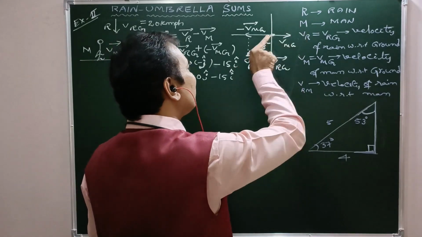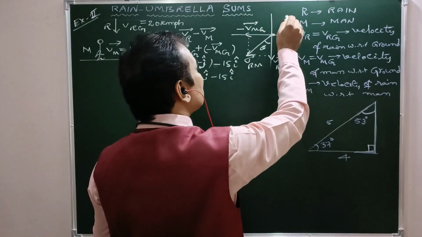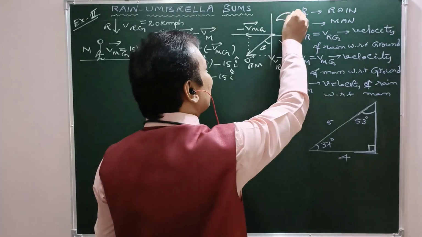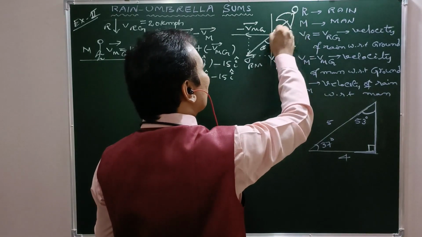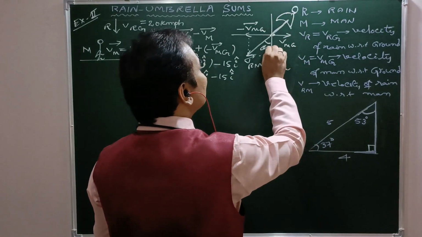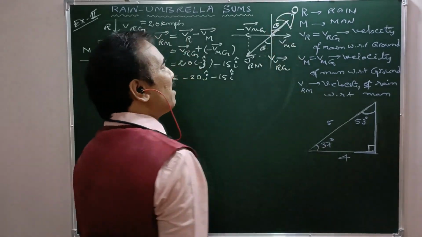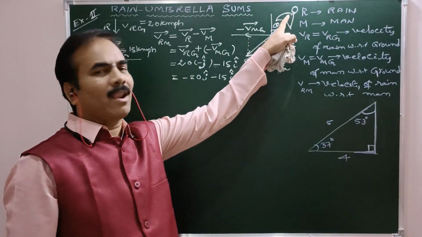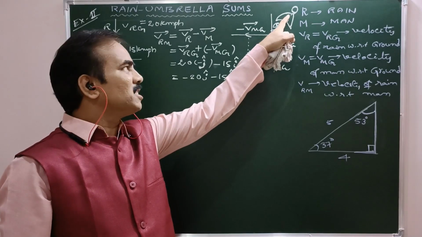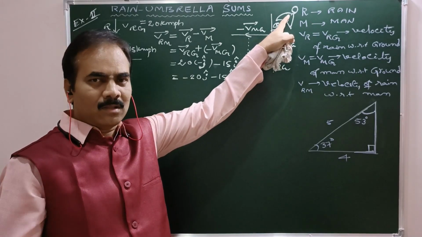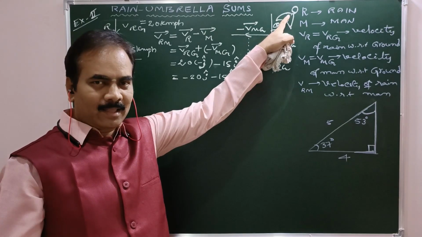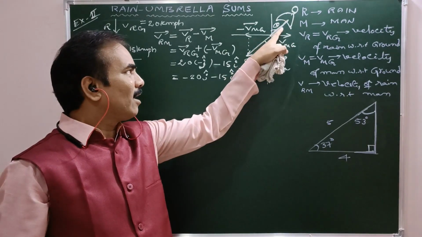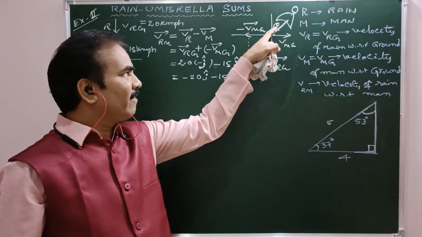So he has to hold his umbrella like that. If it is theta, this is also theta. The position of the umbrella: if you want to keep the rain away, he must hold his umbrella making an angle theta with vertical.